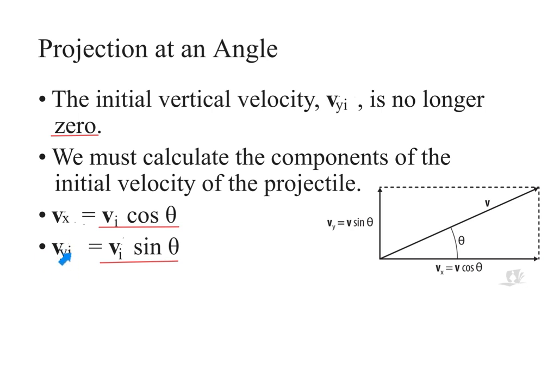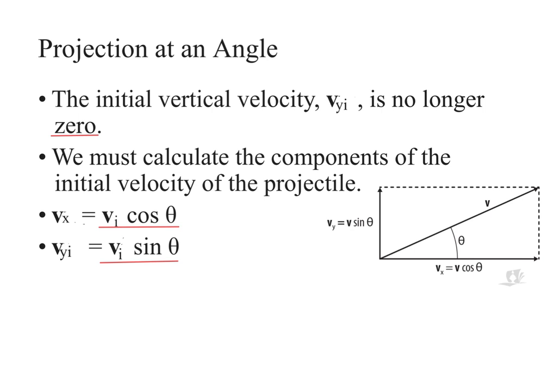However, you'll notice your vertical does have an initial because on Earth, we always have a vertical acceleration going on called gravity. And so we are going to have to take that into account for our vertical, just like we did when we did the drops. We had to account for gravity there. We're going to use the same concept that we used when we did vectors.